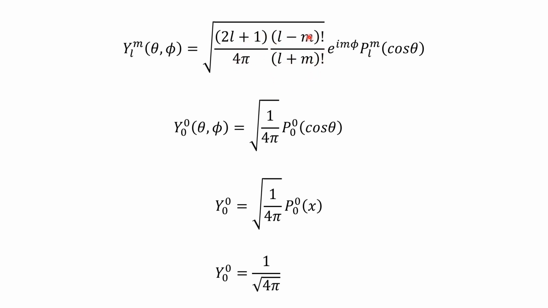So the square root term becomes the square root of 1 over 4 pi, and e power 0 is also 1. Then P_0^0(cos theta); let us say cos theta equals x. This becomes the square root of 1 over 4 pi times P_0^0(x). Since P_0^0(x) is 1, it reduces to Y00 equals 1 over the square root of 4 pi.